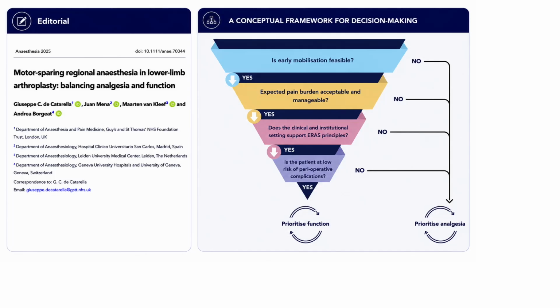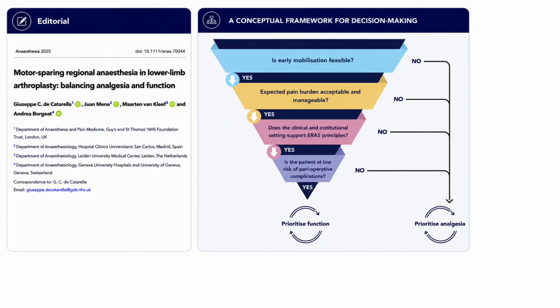They've suggested a really simple idea. First of all, are these patients going to be able to mobilize? If they're not, let's prioritize their analgesia. Are they going to be able to cope with the pain and manage that? If they're chronic opiate users or have chronic pain conditions, then maybe not, and again, prioritizing analgesia might be more important.